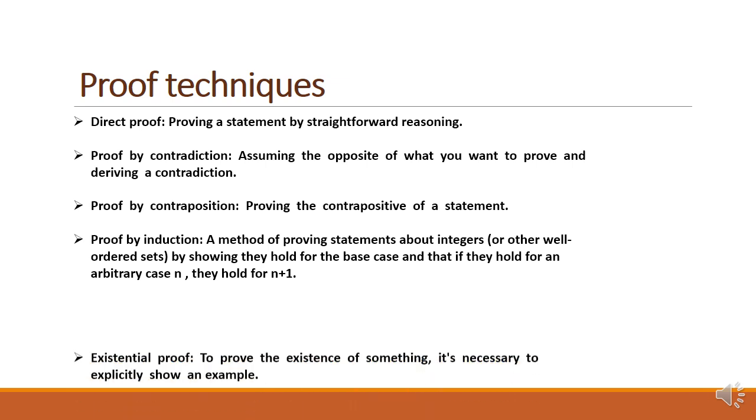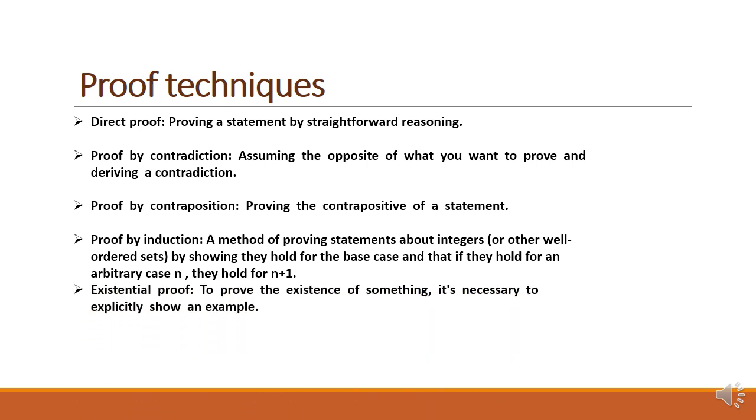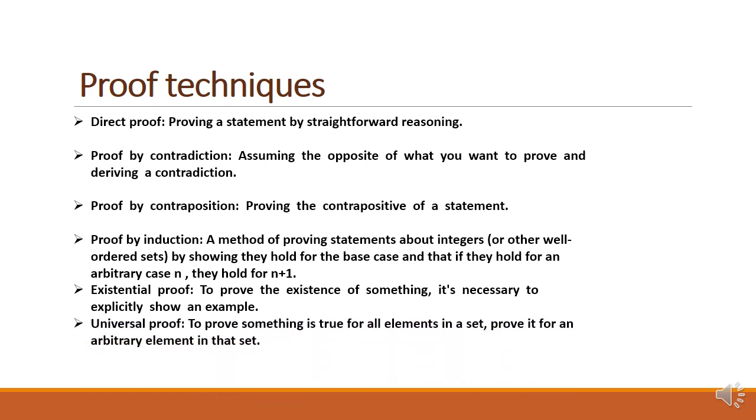We have existential proof. To prove the existence of something, it's necessary to explicitly show an example. Universal proof is to prove something is true for all elements in a set or in a range. Prove it for an arbitrary element in that set.